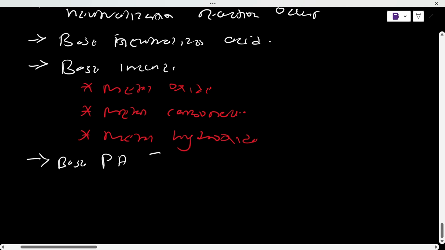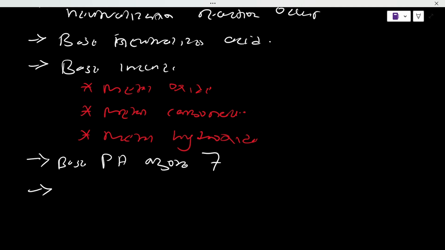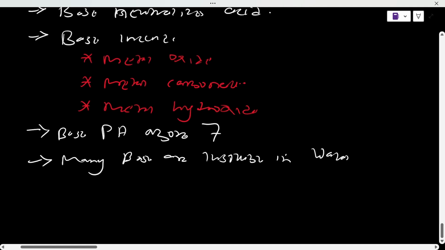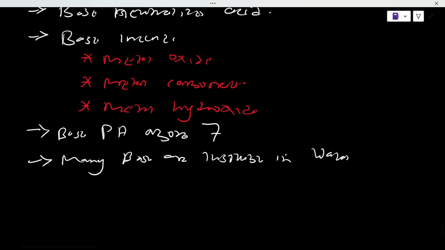Next thing that you're supposed to know, many bases are insoluble in water. Now, those are the key things that you need to know.